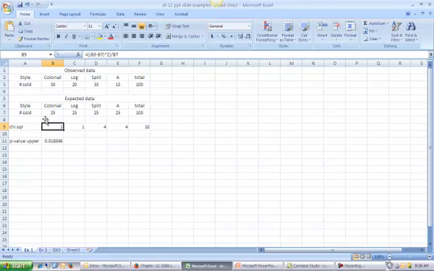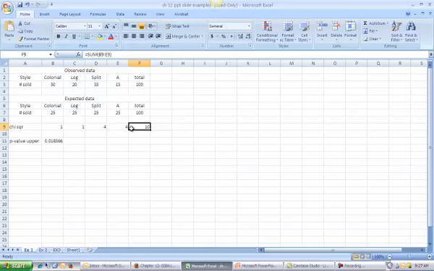Now here, once you've set this up, you can actually just drag across. So I set it up for the first one, and then I just drag across to get each of my expected values there. And then I added them all up because the formula says the sum of the difference between my observed and my expected squared divided by my expected. So I add them all up and I come up with 10.